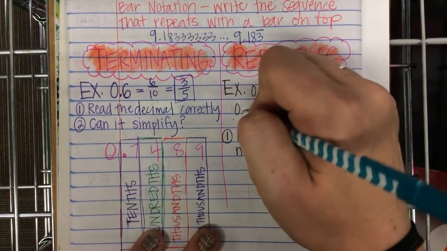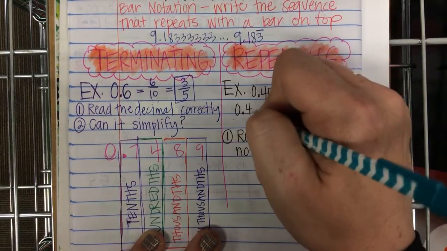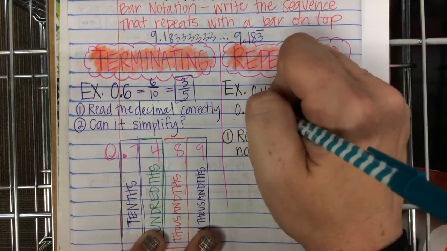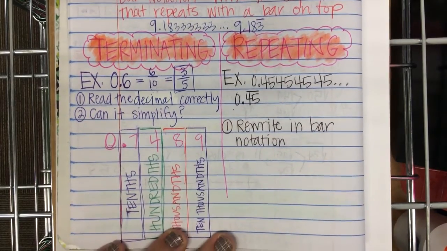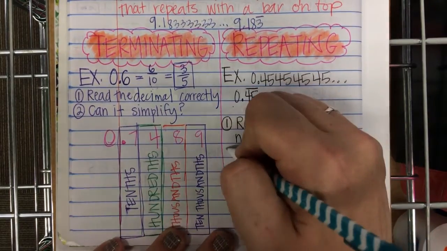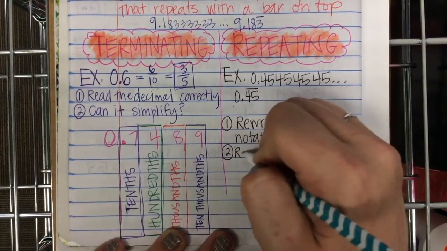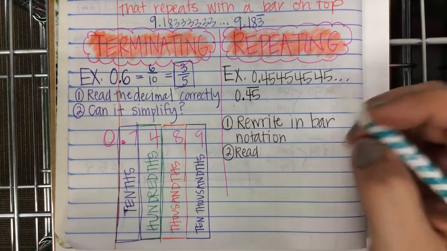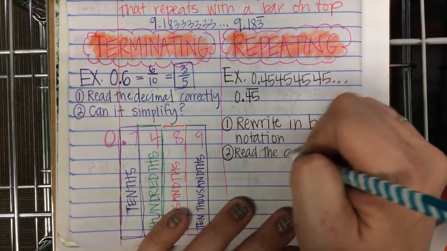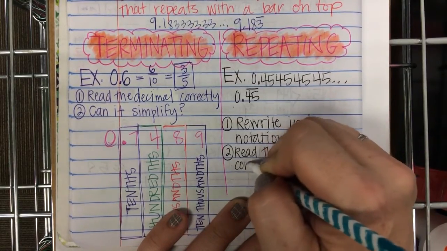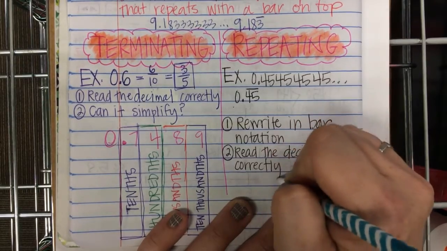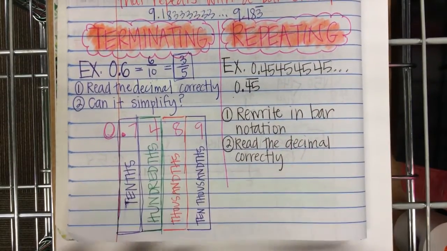So 0.45 repeats with a line over it. Step 2 is to read the decimal correctly. Huh, that sounds familiar.